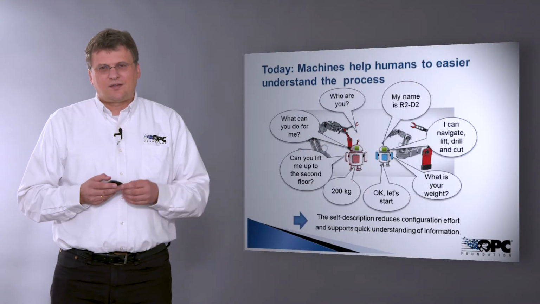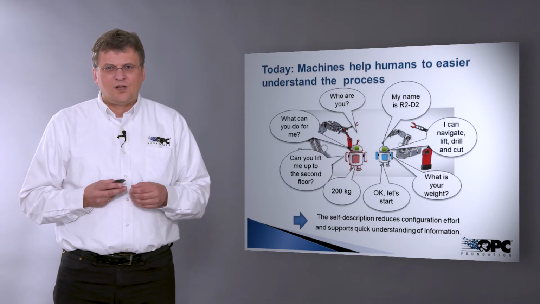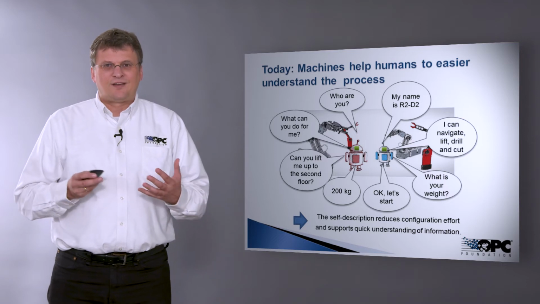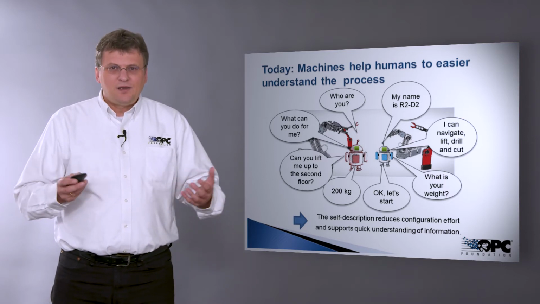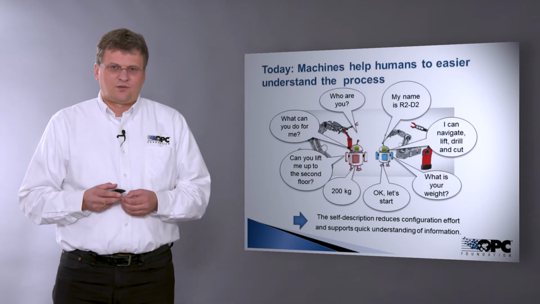In future, wouldn't it be great if the machines are supporting us human beings and the machines describe in our language, somehow self-describing, so that we have a better and quicker understanding? That would be great. And that's exactly the idea of so-called OPC UA Companion specifications: to describe interfaces, data, and the meaning of machines, of devices, of services.